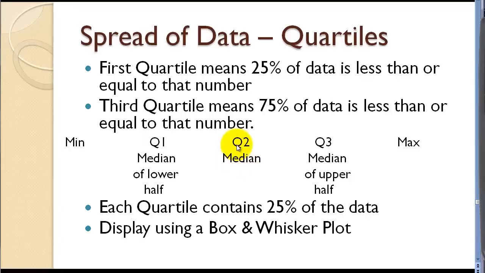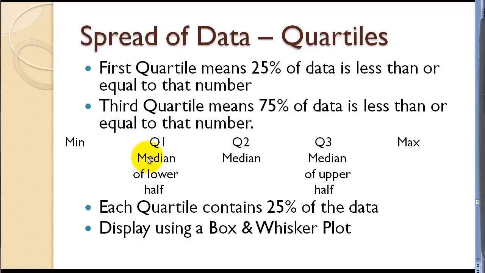The median is the middle, so that would also be Q2 for quartile 2. The third quartile is 75% of the data. And the max would be Q4. Each of these contain roughly the same number of data items, and they each contain 1/4 of the data.